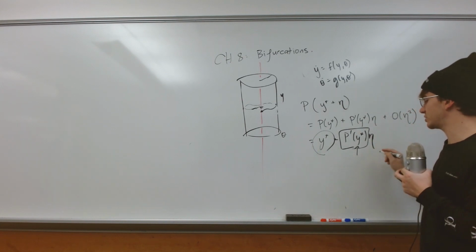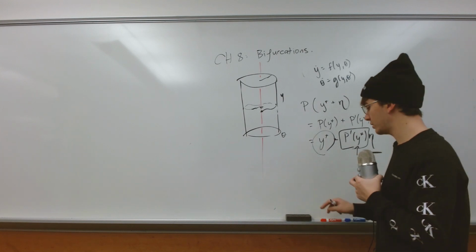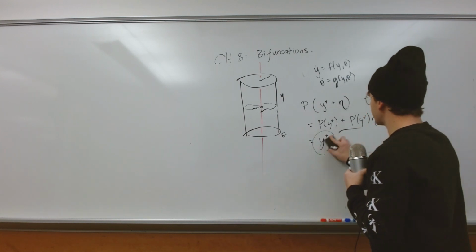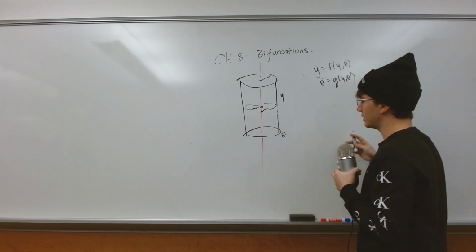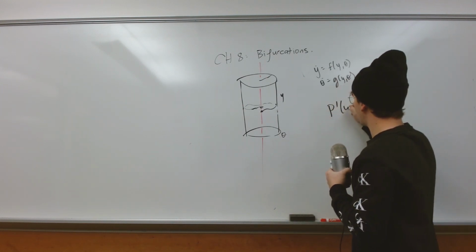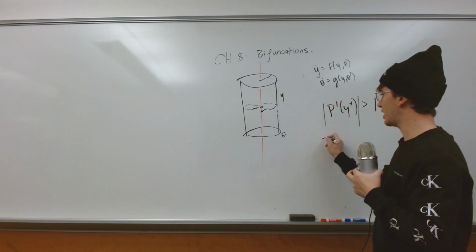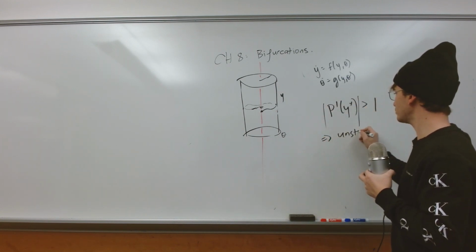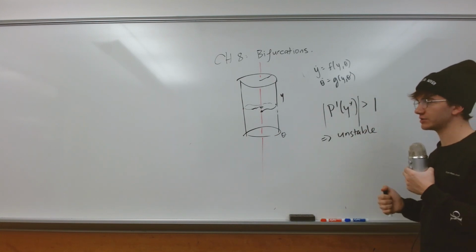And so the perturbation is going to decay geometrically, okay? And now obviously, on the other hand, if P prime of y star is greater than 1 in magnitude, then we have an unstable periodic solution. So the fixed point of the Poincare map is unstable.